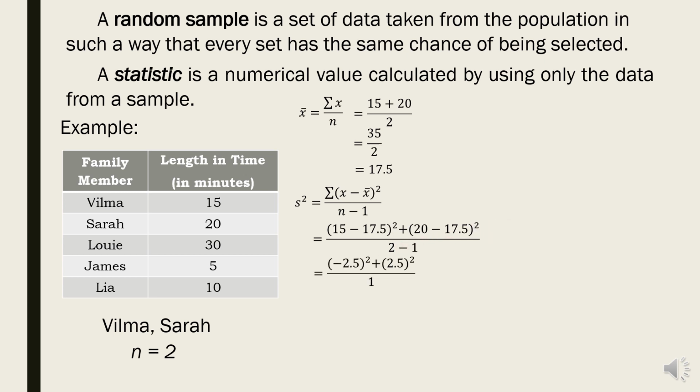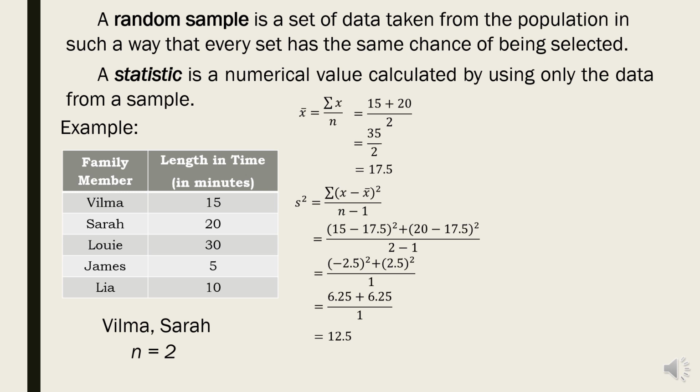Then simplify, we obtained negative 2.5 squared plus 2.5 squared all over 1. If we simplify this, the result is 6.25 plus 6.25, so the result is 12.5.